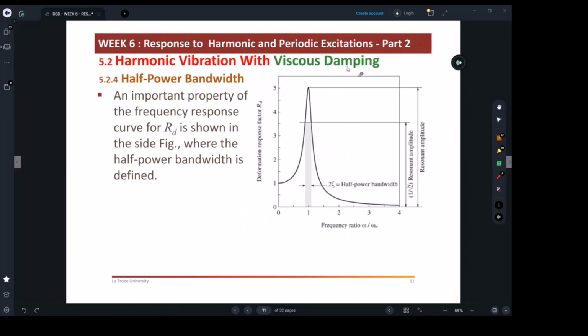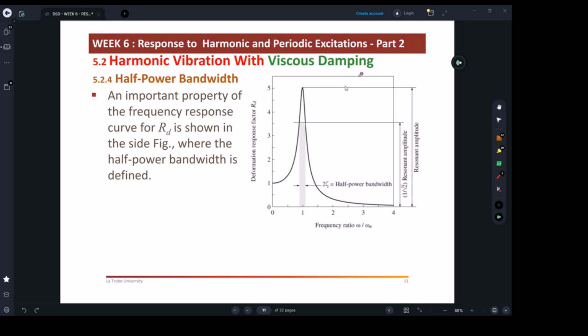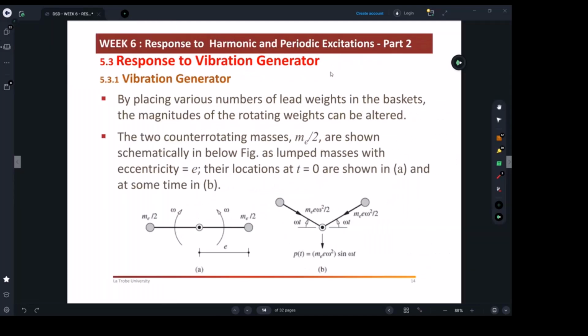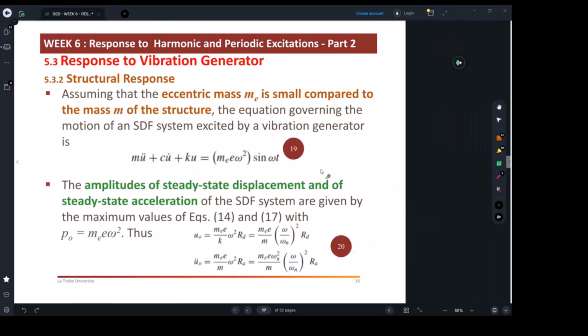Then understand the half power bandwidth, because there are cases where we have to use it and solve our problems. Understand the theory and the equations behind the use of vibration generators. And we had an example for that.